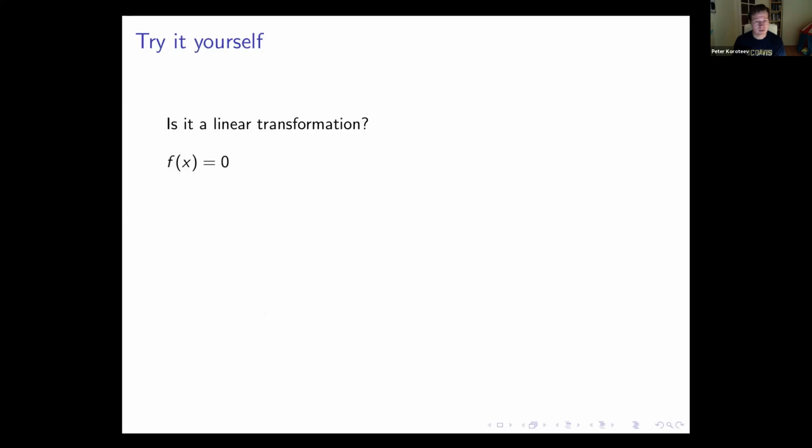Okay, how about this? Is it a linear transformation? Oh yeah, I see the message. But it sends everything to 0. How about this one? It's a transformation that sends every vector to the value 2.